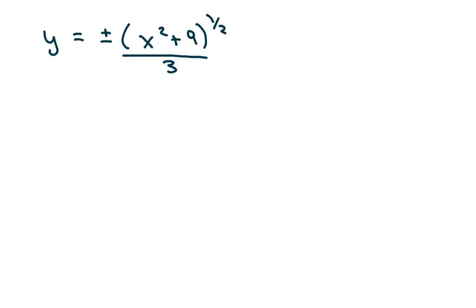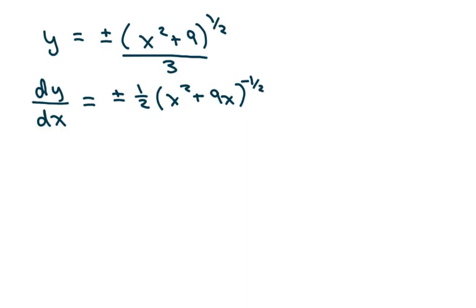So when you differentiate y with respect to x, you're going to get plus or minus 1/2 times x squared plus 9 to the negative 1/2. And now my inner function would be 2x.